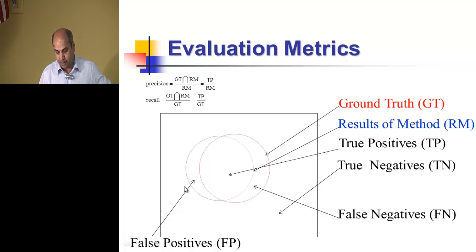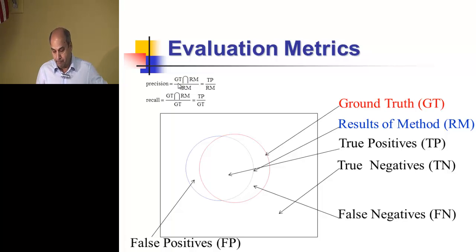Essentially, that is true positive divided by whatever your algorithm gave you. It tells you how precise your classifier is, how many dogs it is able to correctly classify as dog.